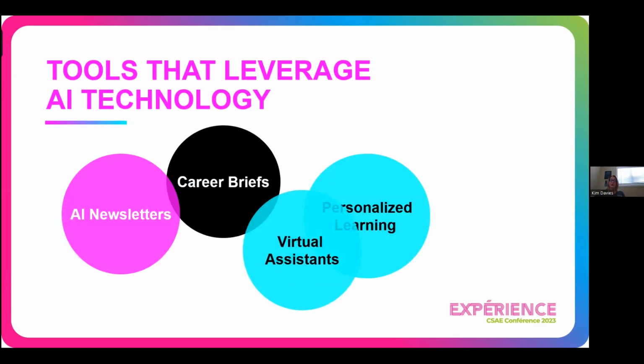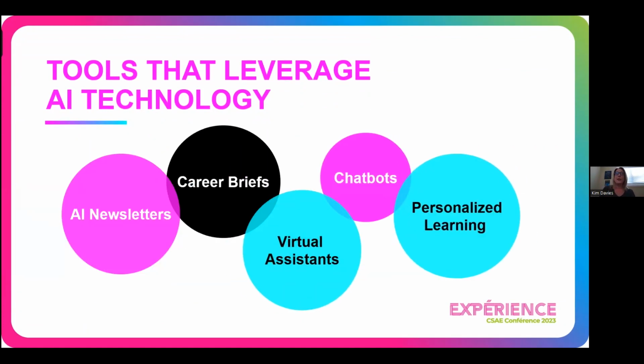So, we've talked a lot about how an association can leverage AI, but we haven't really talked about the tools or what that looks like. Some tools and options that utilize AI technology currently are an AI-powered newsletter or an AI-powered career brief.